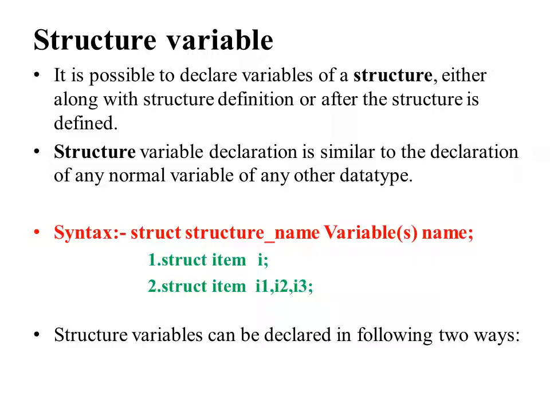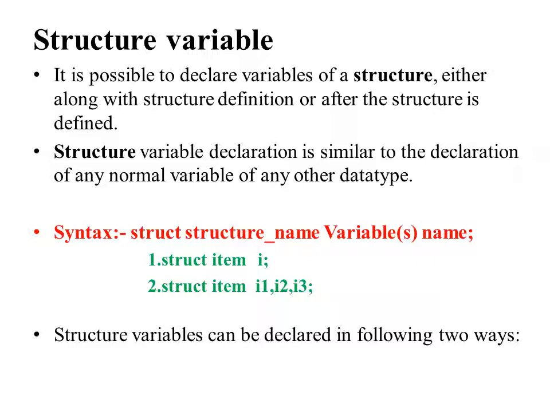For example, there is the keyword struct, the structure name is item, and then it is followed by a variable name as i. So this i is called the structure variable.